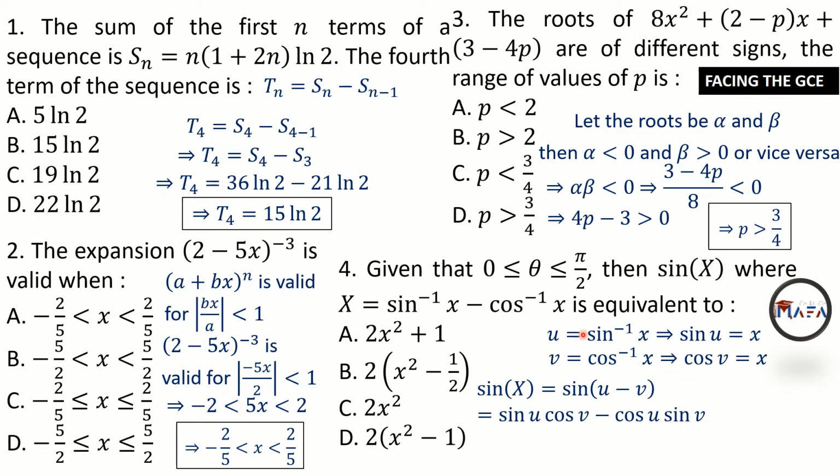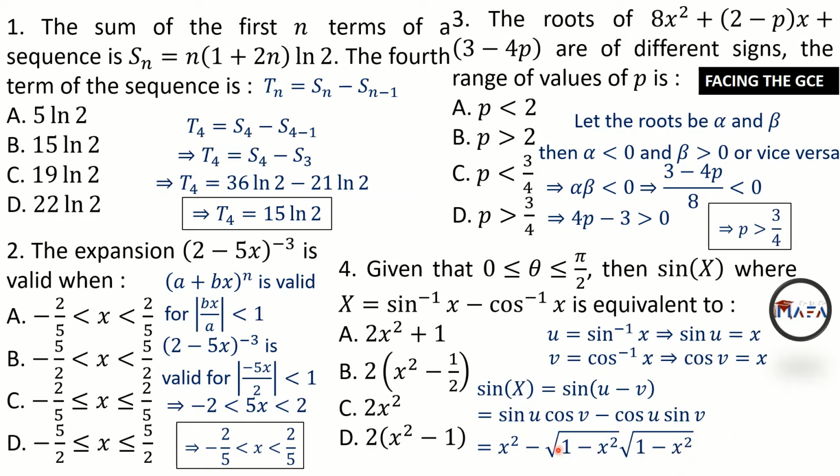Sine v as well, since v is also in the interval 0 to pi ln 2, the sine of v is just, taking the positive square root, the square root of 1 minus cos squared v, which is the square root of 1 minus x squared. So fitting that in our equation, we get our sign of capital X to be sine u is x and cos v is x. When you multiply the two, you get x squared minus the square root of 1 minus x squared, which is for cos u, times the square root of 1 minus x squared, which is for sine v.